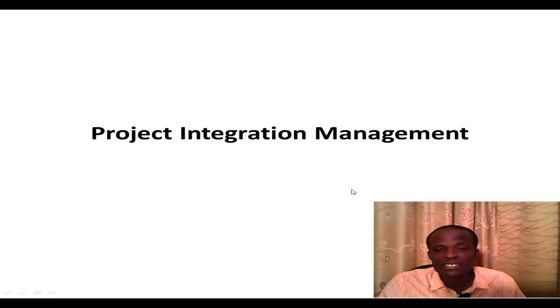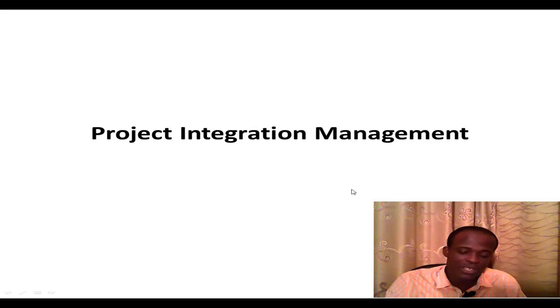It could be said that the number one reason for the project manager's existence in an organization and the projects is to integrate the various parts of the knowledge areas in project management.